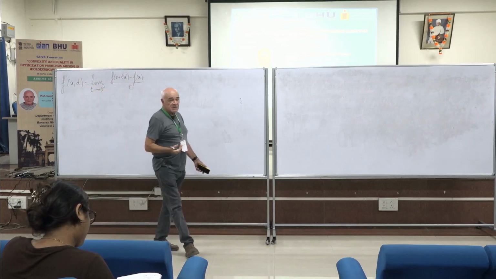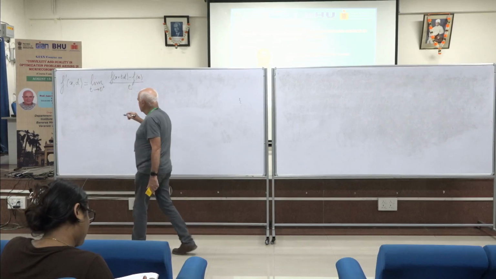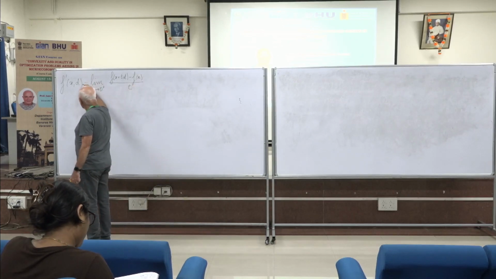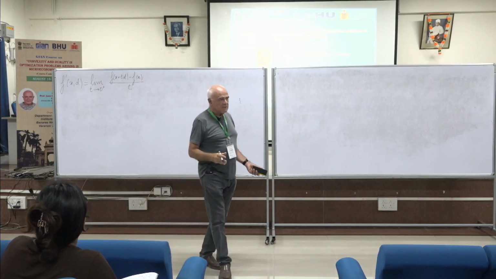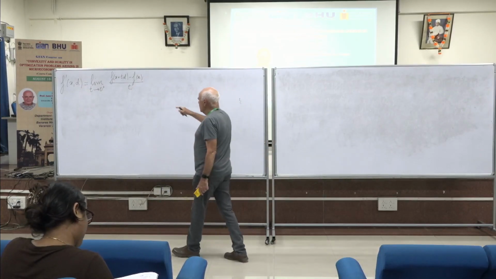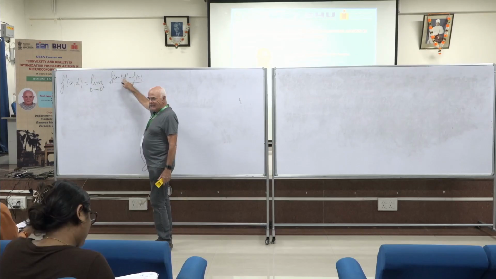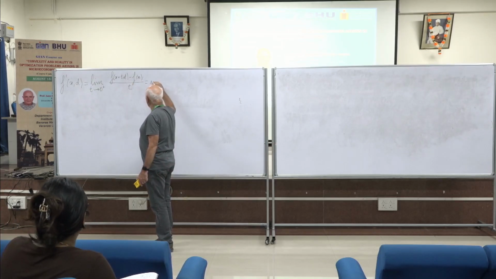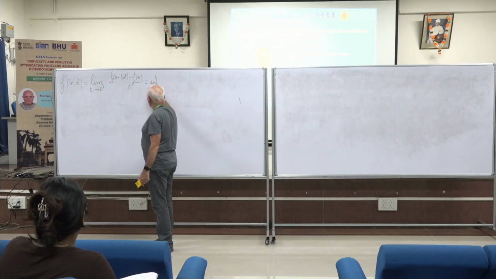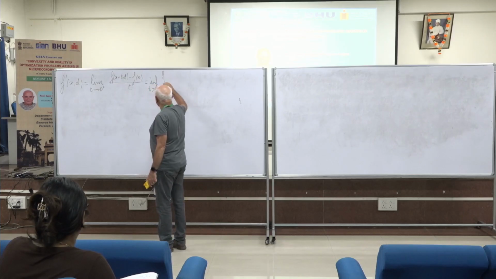And I said, but does this limit exist? And I said, yes, it exists, at least in the extended reals, because this expression is non-decreasing in t, so the limit is actually the infimum over t positive of the same expression.